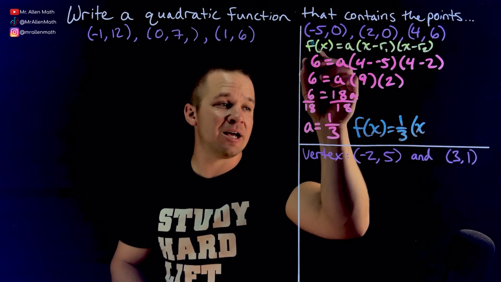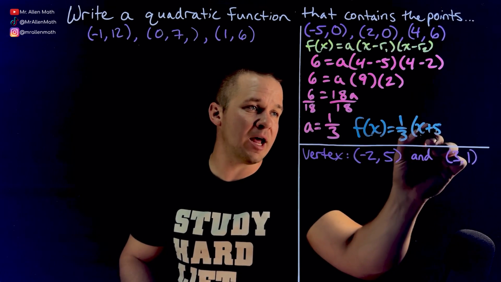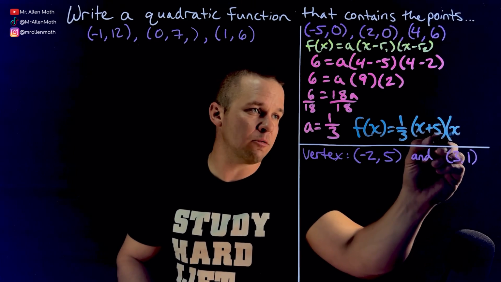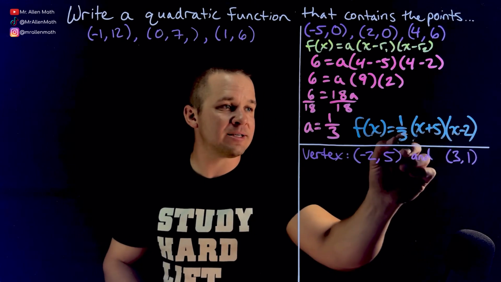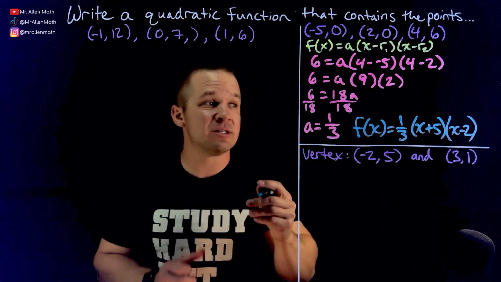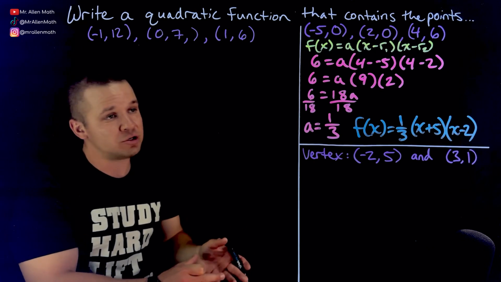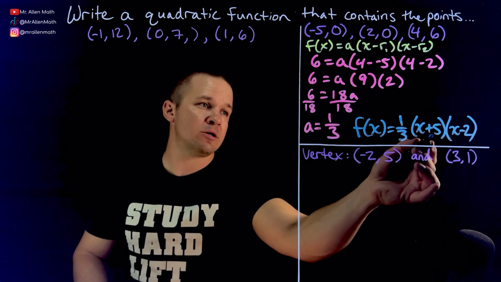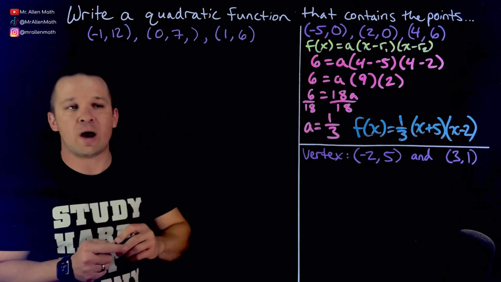X minus negative 5, so plus 5, right? And then x minus the other one, minus 2. So my x's and my f of x stay in the equation as our variables. The 1/3 a value comes in, and my 2 roots are in there as well.